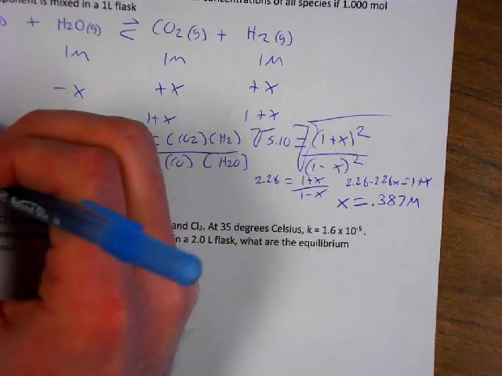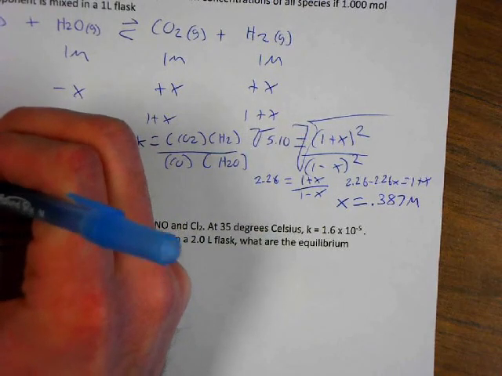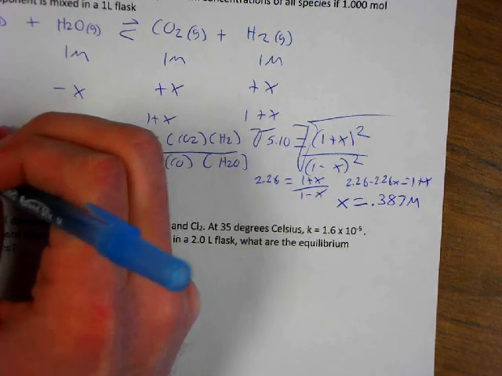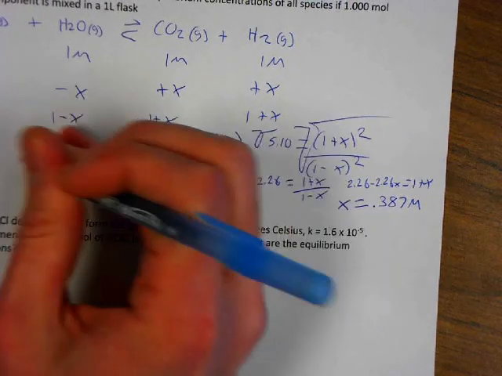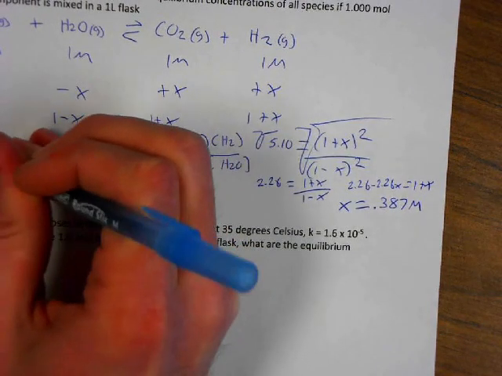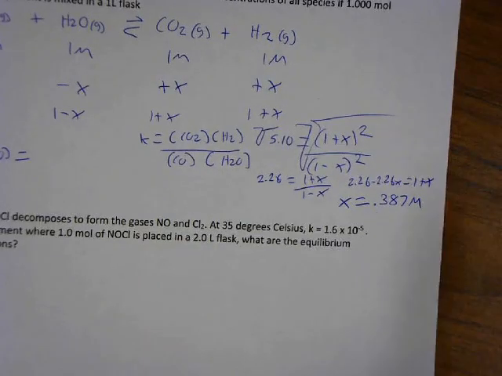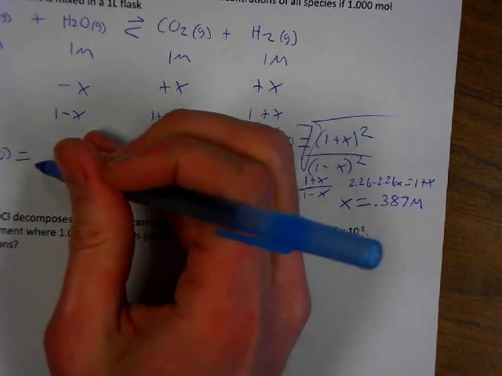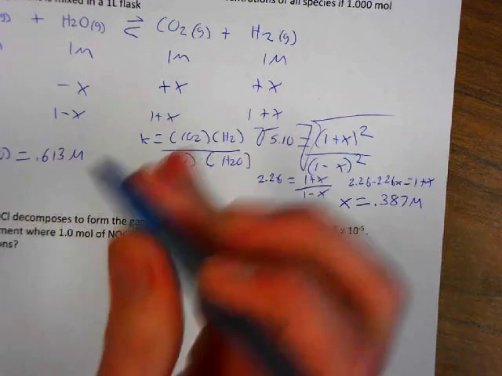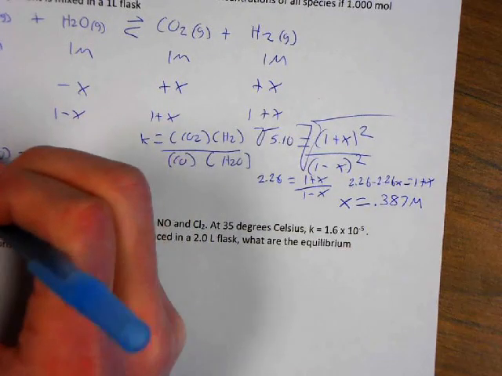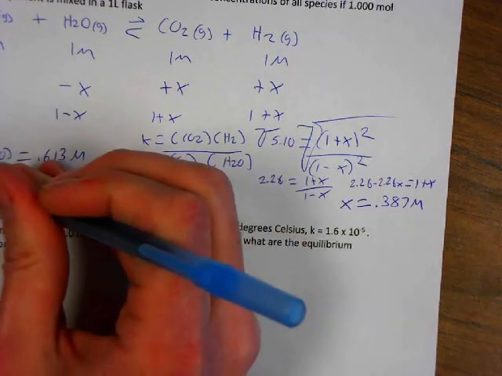No, because I want to know the concentration of all the species. Because it's a gas, in brackets, CO is going to equal the concentration of H2O, which is going to equal 1 minus 0.387, which is 0.613 molar.